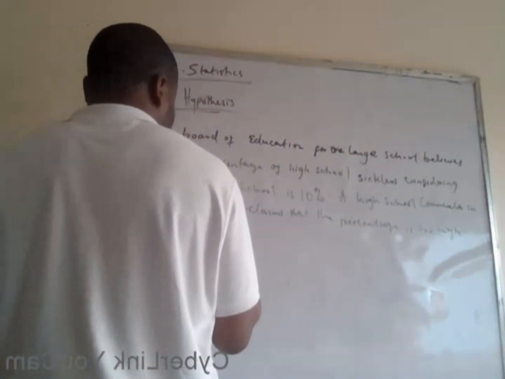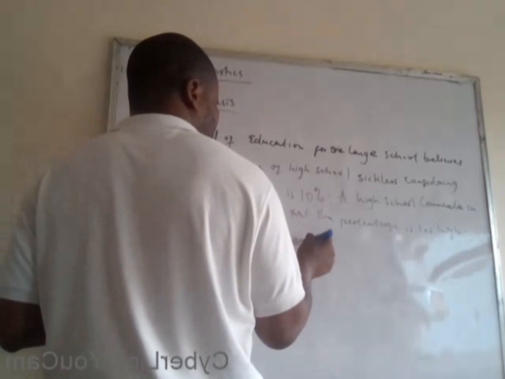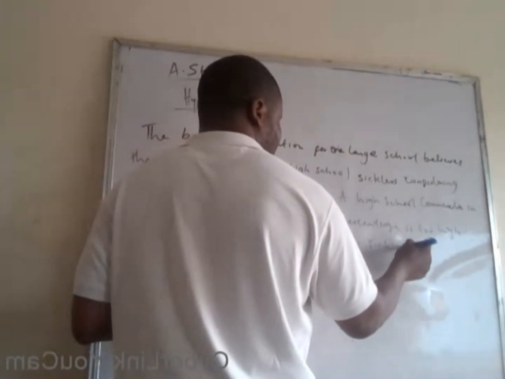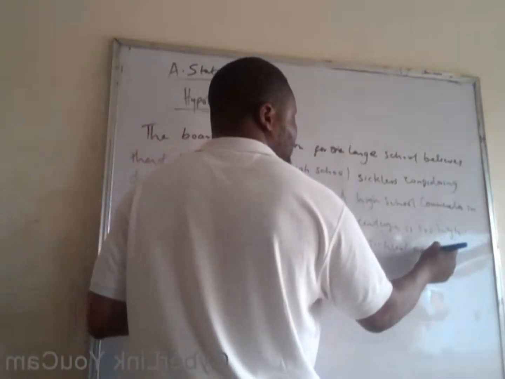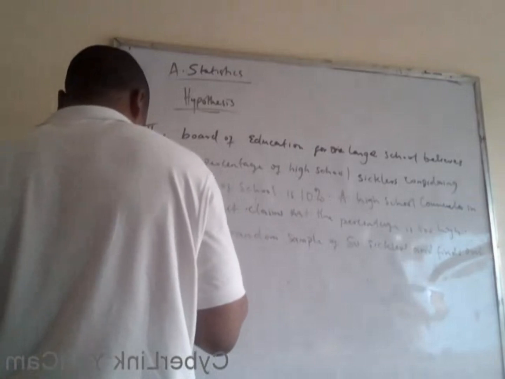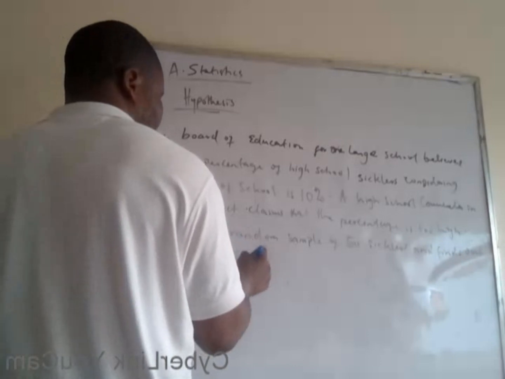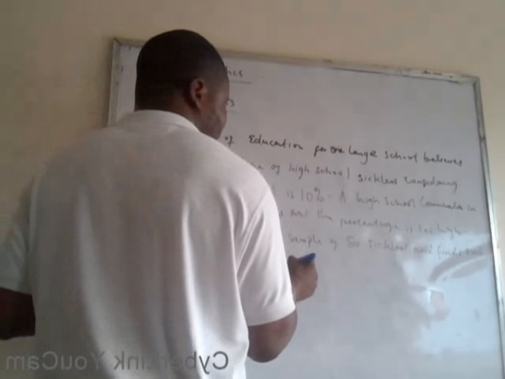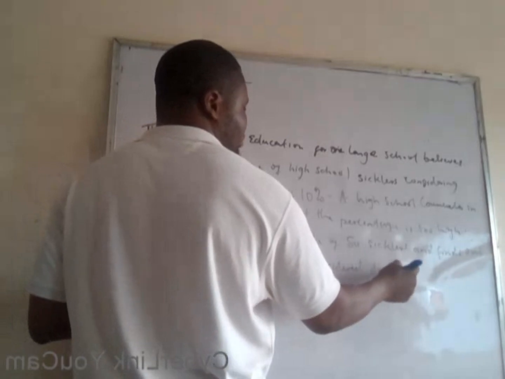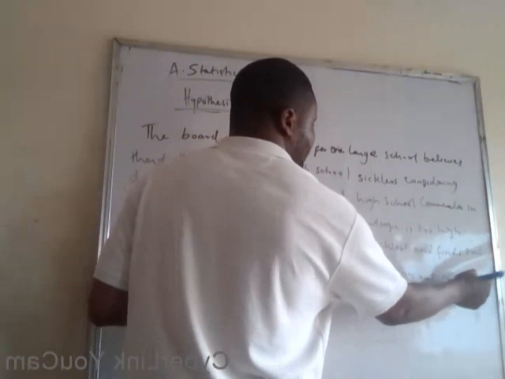He collects a random sample of 50 seniors and finds out that 8.5% of them have considered dropping out of school.